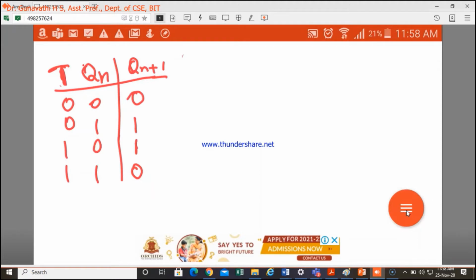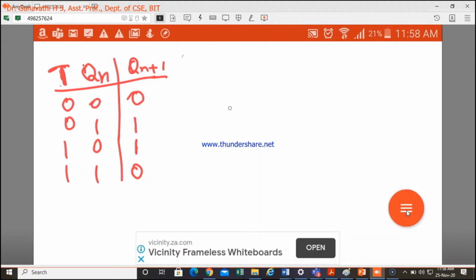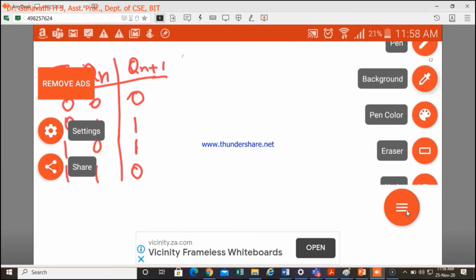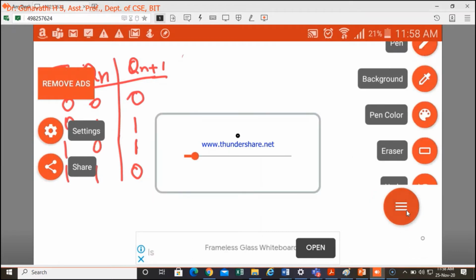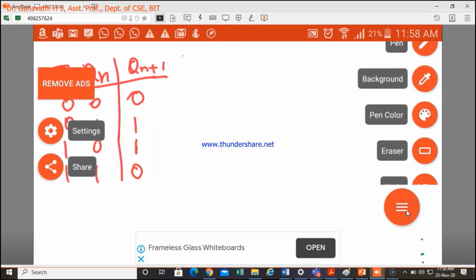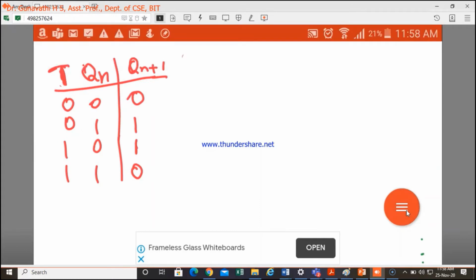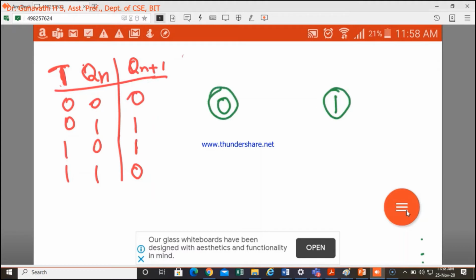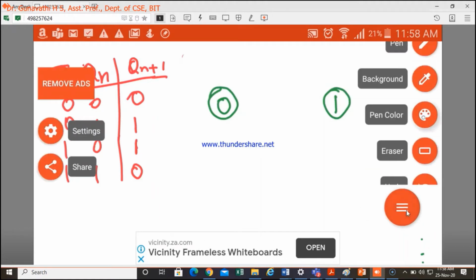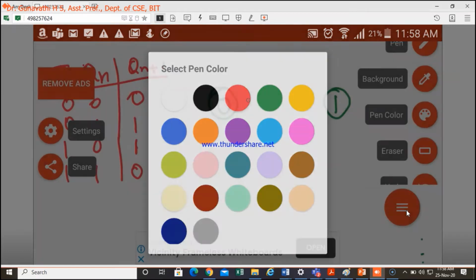So now the present state of the outputs we are going to represent here. What are the different outputs that are possible here? Only two states, either 0 or 1. These are the two possible outputs. Now I'll write what state I'll be getting every time.